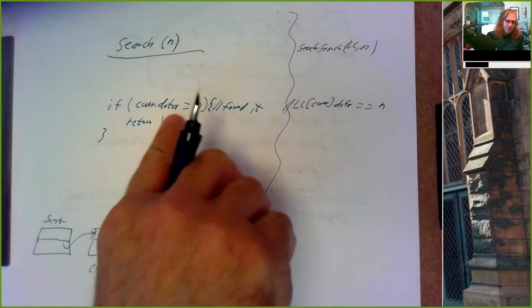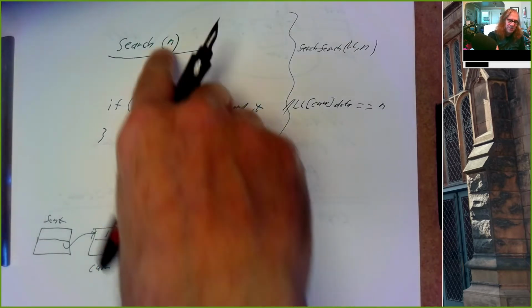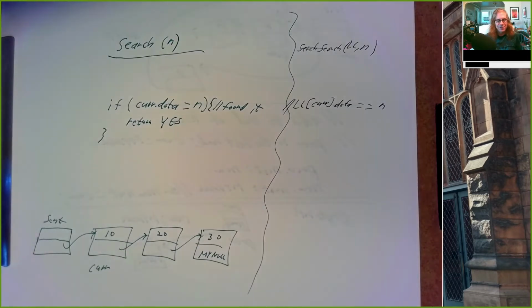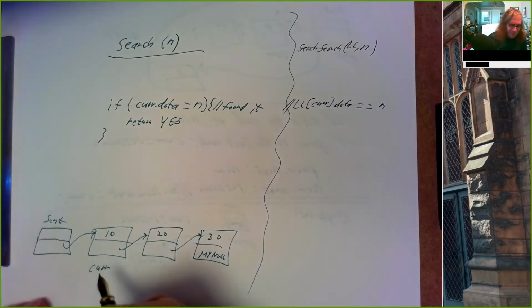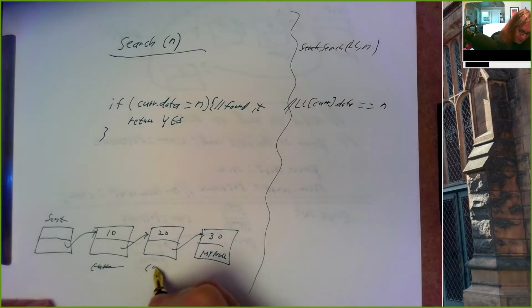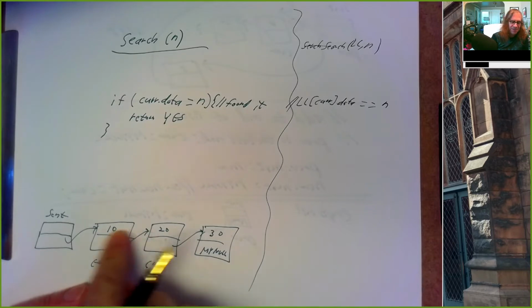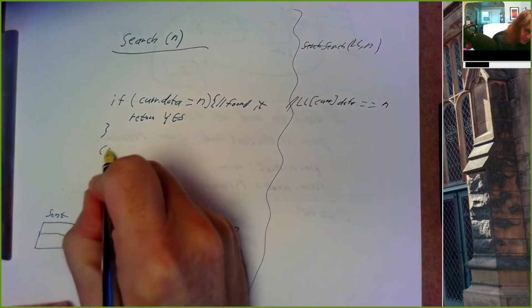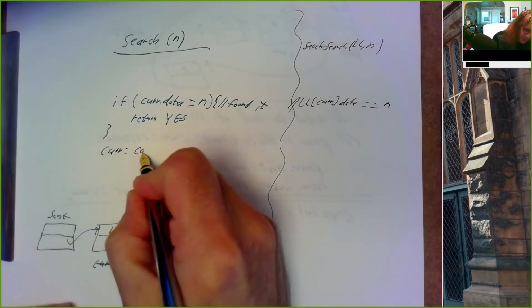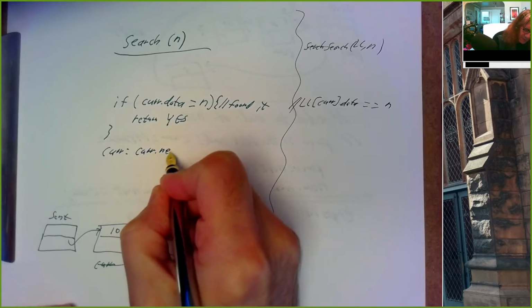So if the current data is equal to the number we're looking for, we're going to say, yep, we found the data. Otherwise, what we want to do is move current to be the next node. Well, if current is right here, how do we find the next node? It's the next field of current. So it's just current equals current.next.